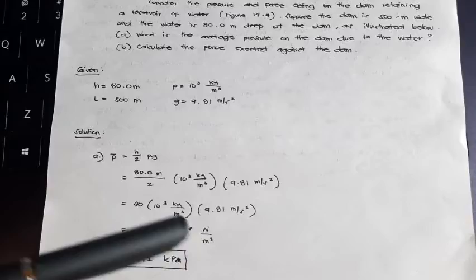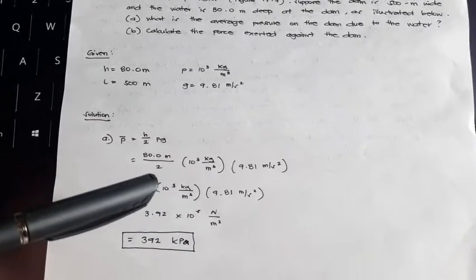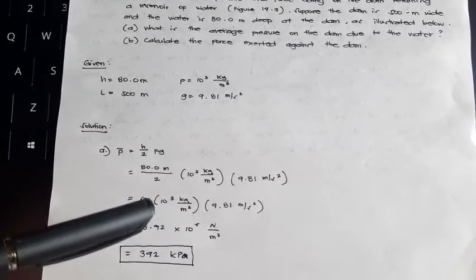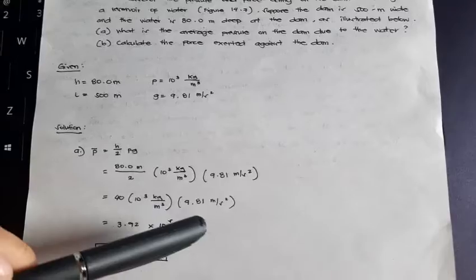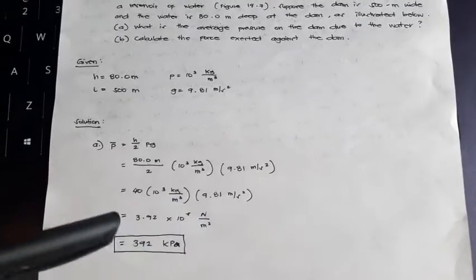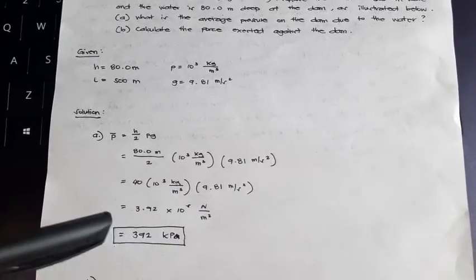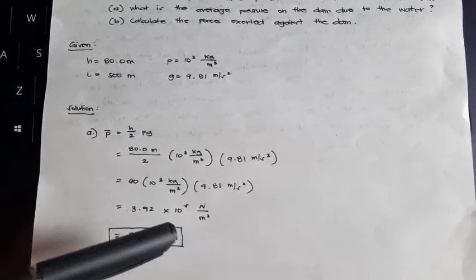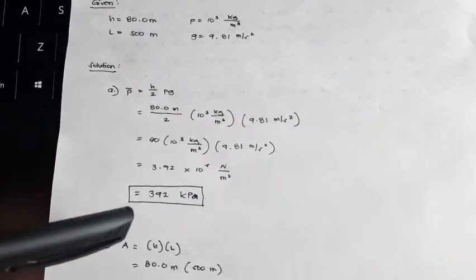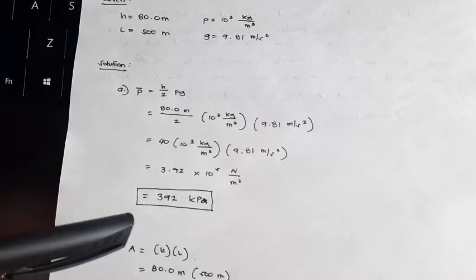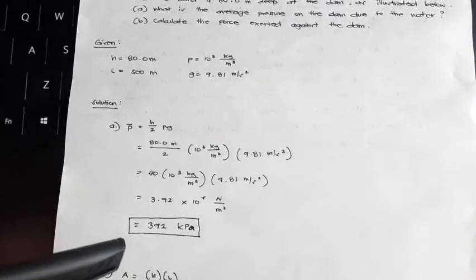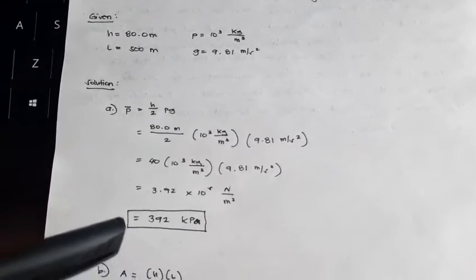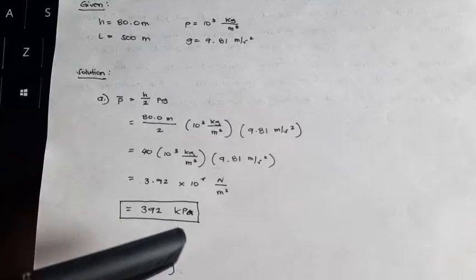So simplify, 80.0 meter over 2 is equals to 40, then copy lang dayon, then simplify, is equals to 3.92 times 10 raised to the 5th power Newton over meter squared. Then we get the average pressure, which is equals to 392 kilopascal.